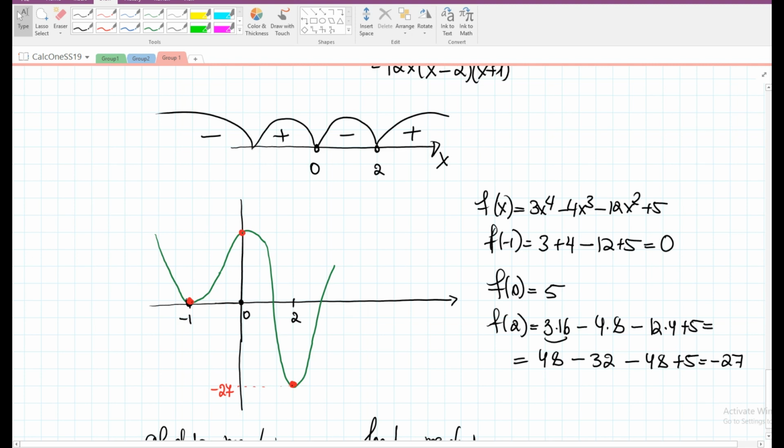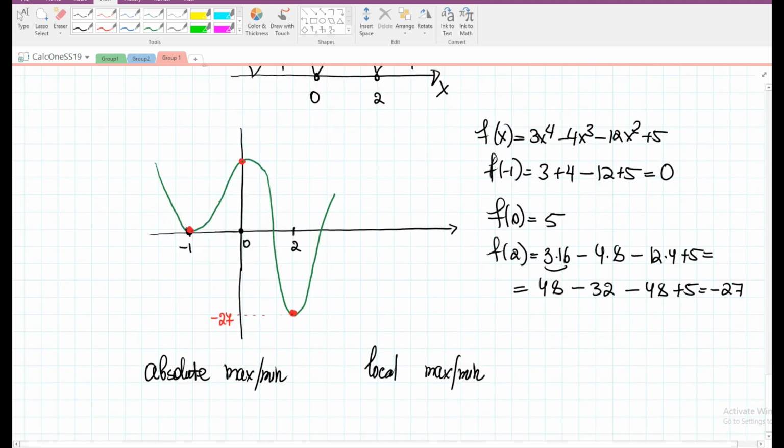If before this point it was minus, and after this it is plus, it means that this is a local minimum. It was decreasing, then after this it's increasing. If the derivative is positive before the point and negative after the point, it means that this is a local maximum. So this is how we can figure out whether these points are local minimum or local maximum. So let's try to do this.